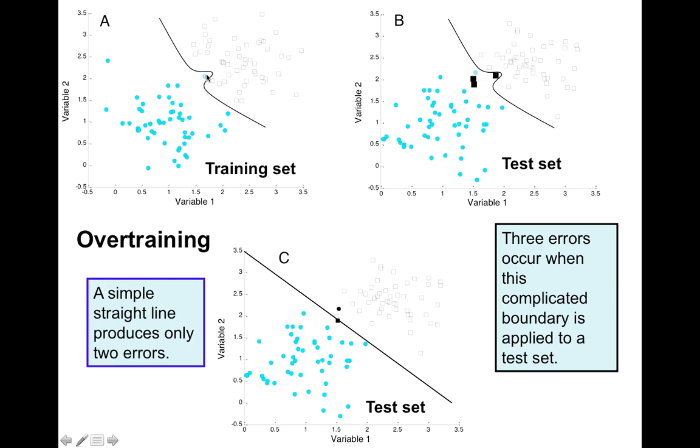And here's an example of what can happen. Okay, here's our training set. If we use this complicated boundary and then take our testing set, we can see that we actually have a number of errors, because obviously your testing set and your training set are not the same set of data. Once again, the Alzheimer's disease example is an excellent one, because Alzheimer's actually occurs over a range.